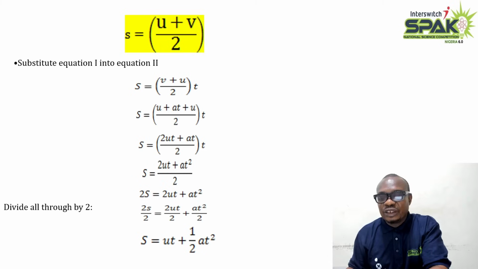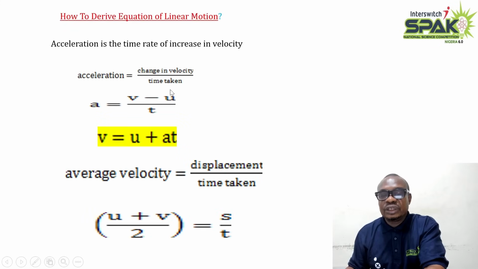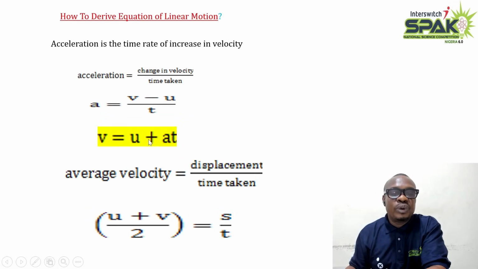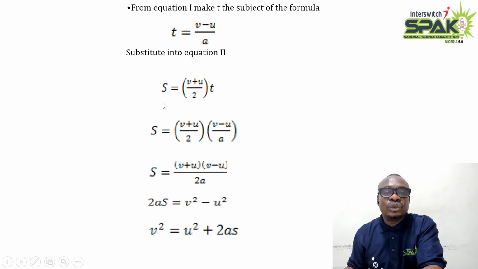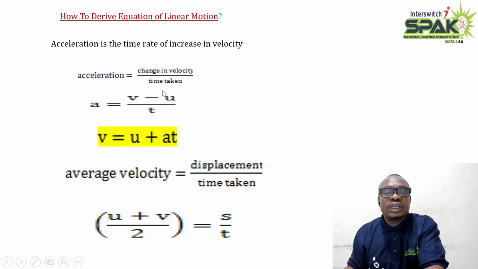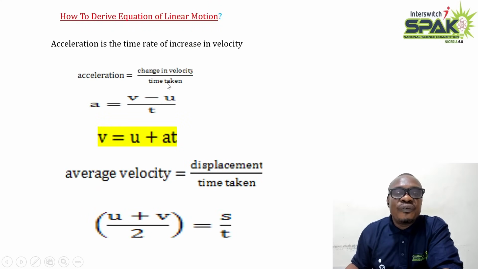Okay, so if we now substitute this equation, v equal u plus at, we plug it into s equal (v plus u) all over 2 into t. We plug in v as u plus at. When you plug it in here, u plus u is 2u times t, 2ut, and at times t is at squared, all over 2.